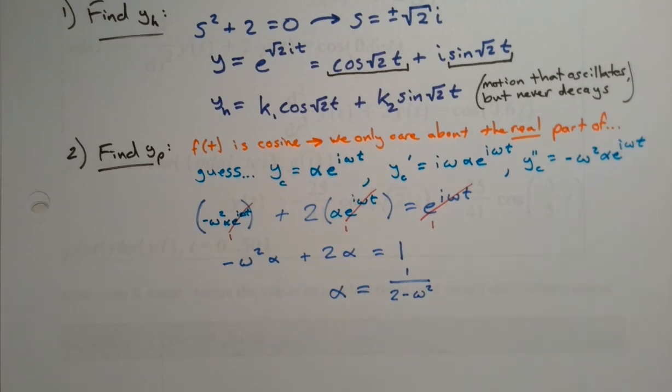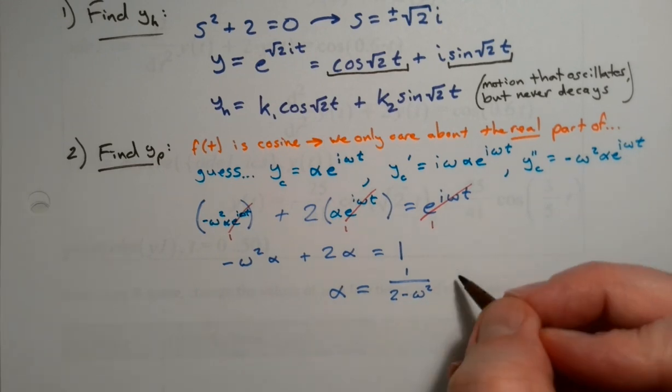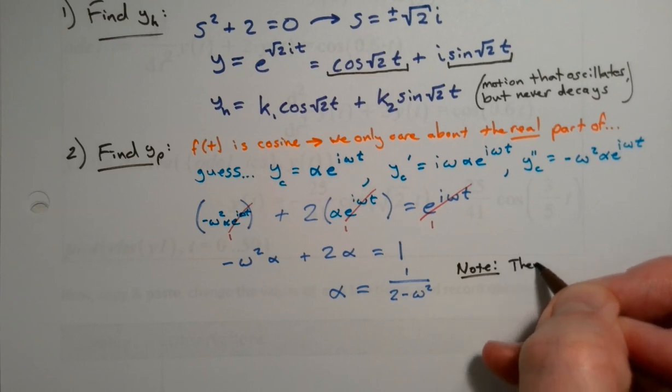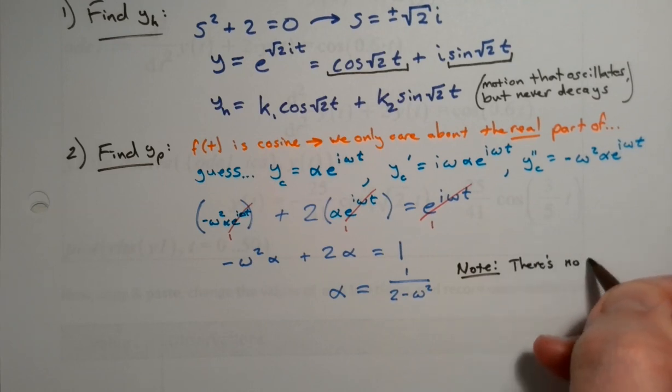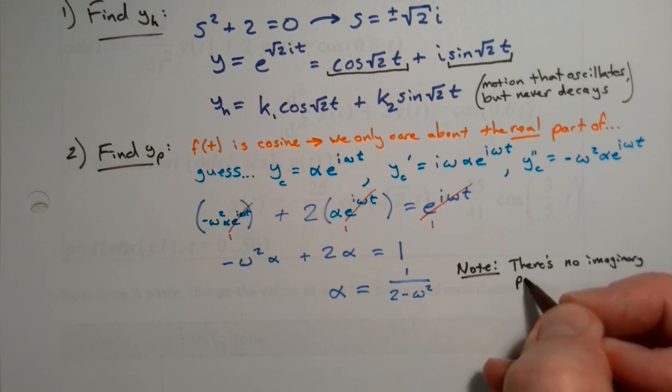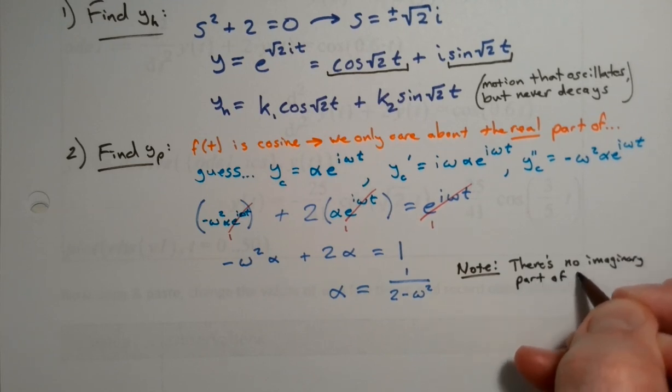So it's interesting because my guess in all the problems from 4.2, I would have wound up with something over here that had an i in it. But it's worth noting that there's no i term. There's no imaginary part of this constant.